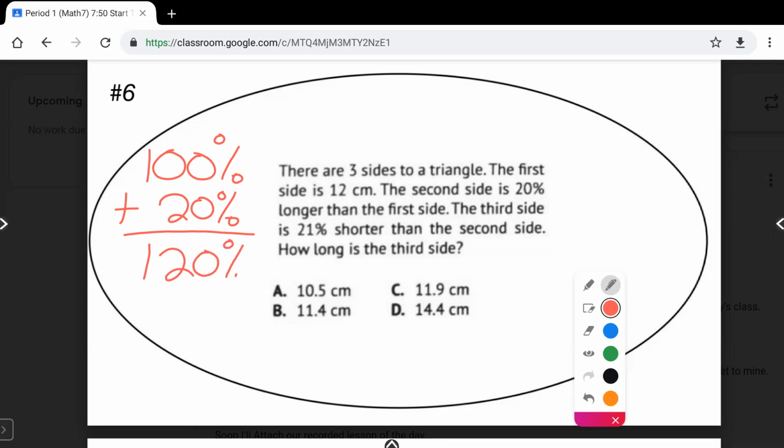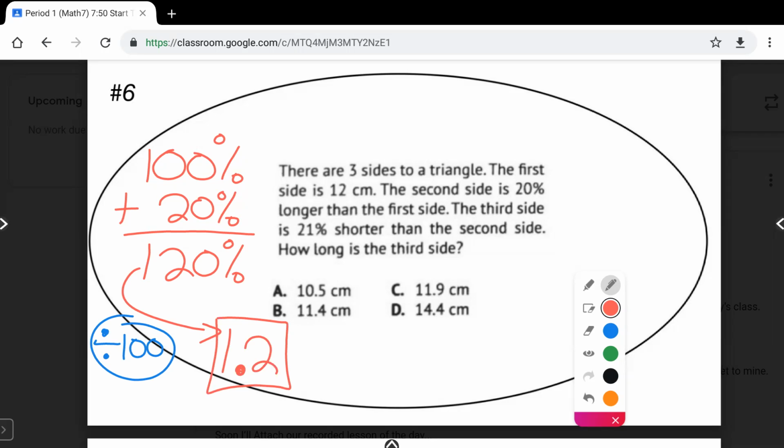But remember, anytime you have a percent, we need to make it a decimal. That means we have to divide it by 100. And when we take 120% and divide it by 100, we get 1.2. This becomes my multiplier. So now I take my calculator out. I type in the first side, which is 12, and I multiply this by 1.2.